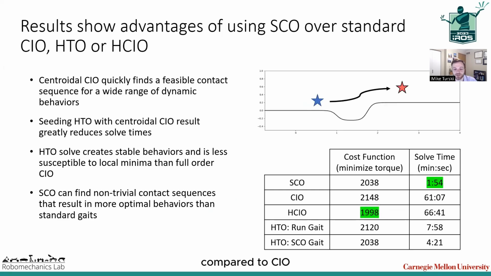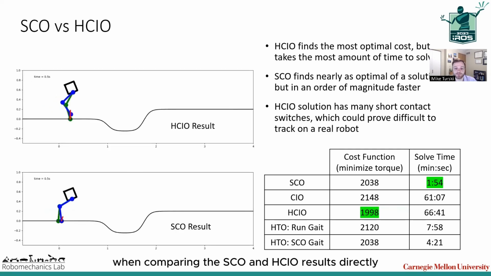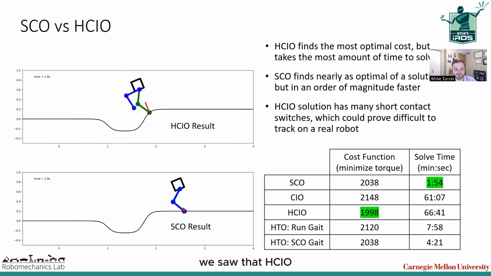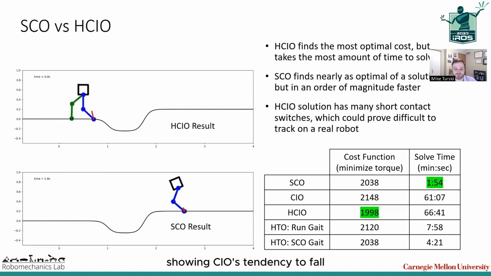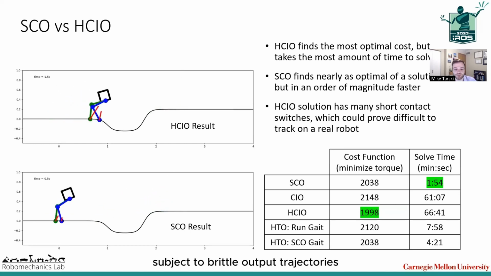In this example, compared to CIO, HCIO, and HTO, SCO is able to solve the problem almost as optimally as HCIO's cost, while being an order of magnitude faster. When comparing the SCO and HCIO results directly, we see that HCIO had many short contact switches in its results, showing CIO's tendency to produce brittle output trajectories.